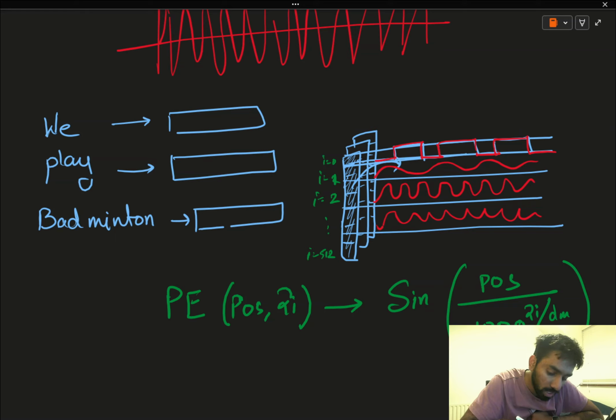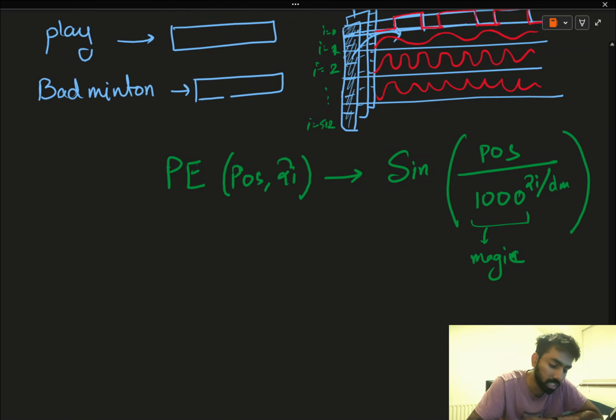This 10000 is called the magic number. There's no concept for why it's 10000, it's just called the magic number because this suits everything.